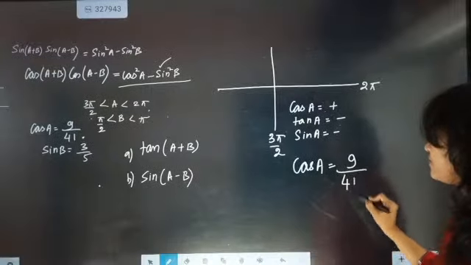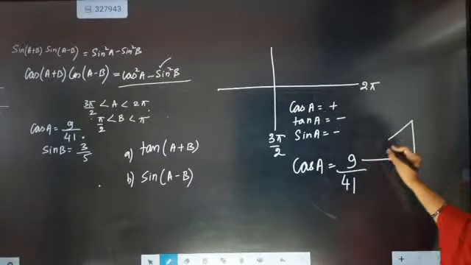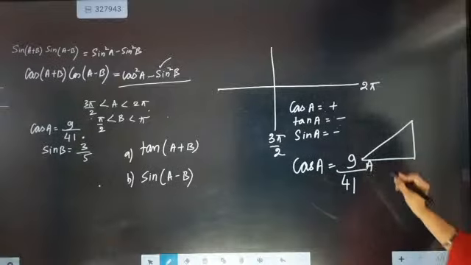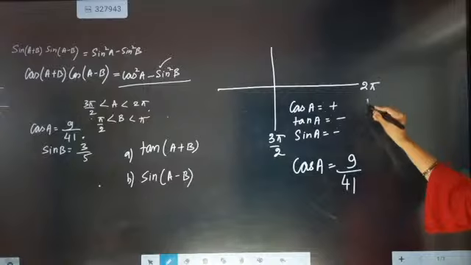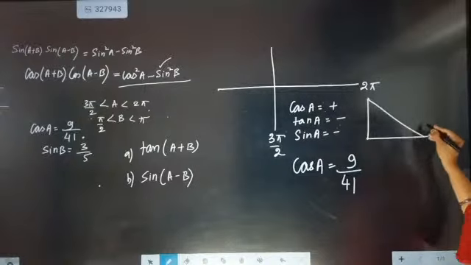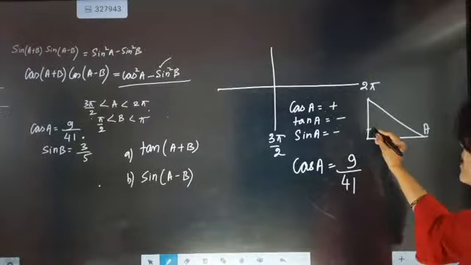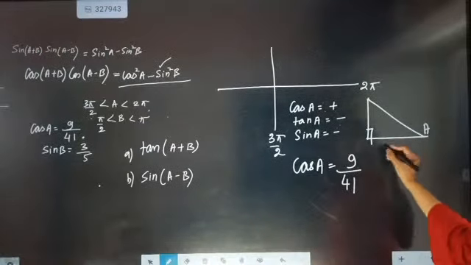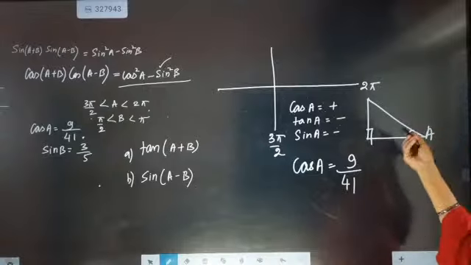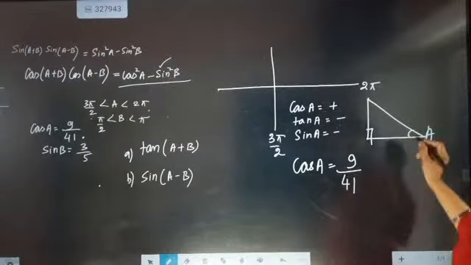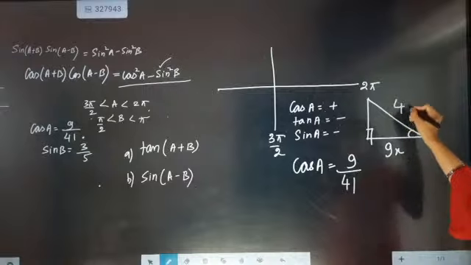Now draw a triangle, beta, and mark it as angle A. Now you know that this will become 90 degree. So this will become the base. When you are writing it as base, this part will become 9x, and the hypotenuse will become 41x.